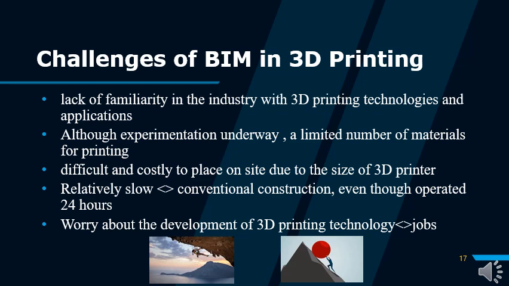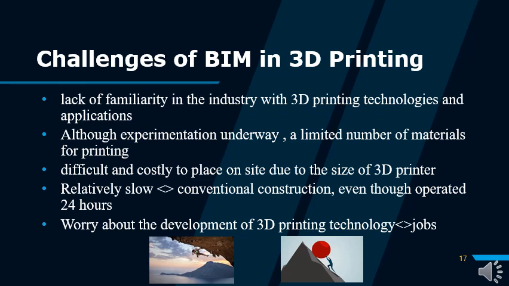Although experimentation is underway for printers capable of using multi-materials, the selection of materials which have been used is limited. Producing more complex assemblies is still complicated. Due to the size limit, the 3D printer will be large.